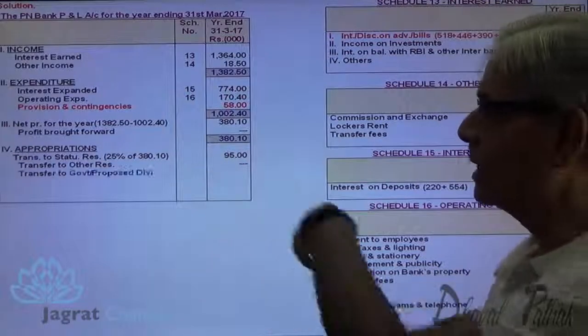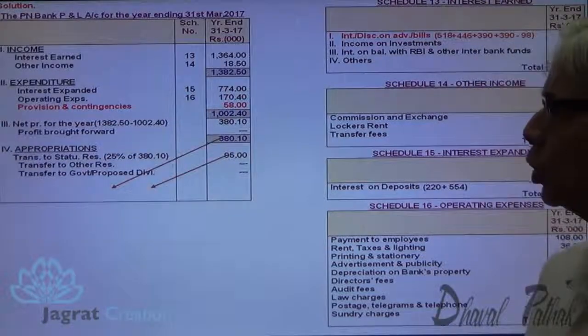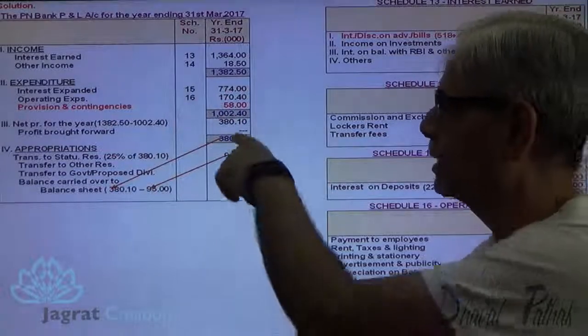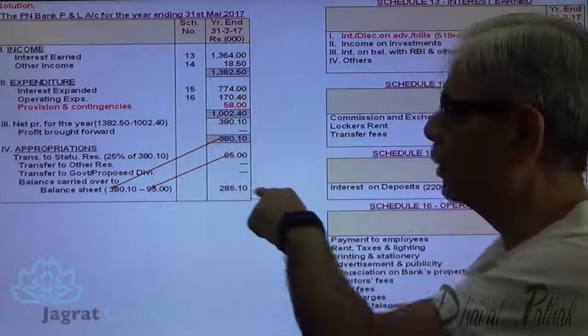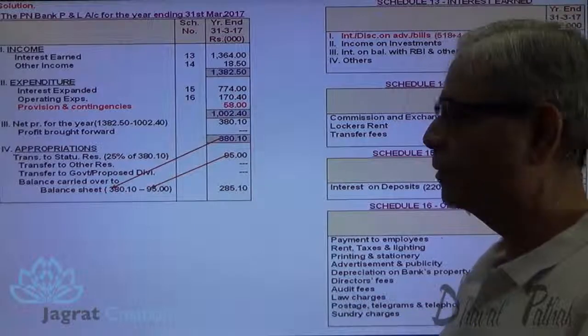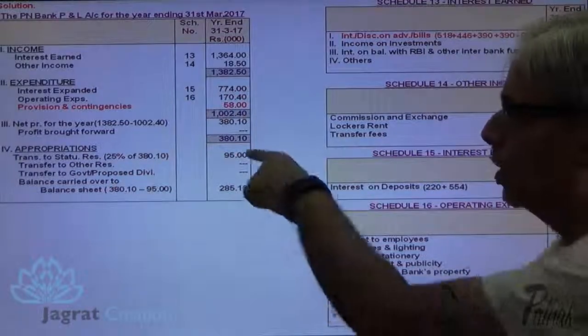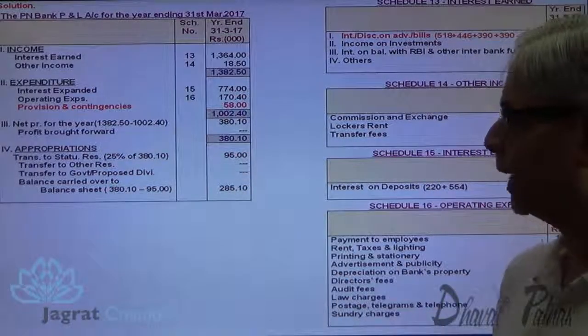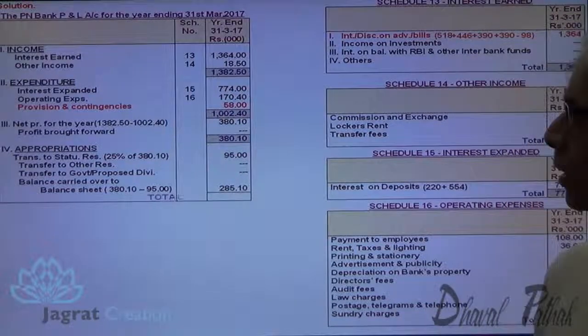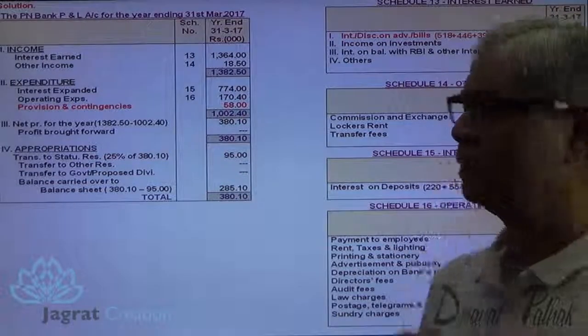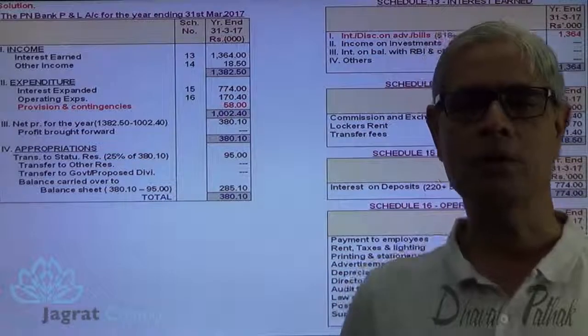There are no other provisions or transfers given to me. So I just find out the closing balance. 380.10 minus 95, 285.10 is the closing balance, and the total of this 95 plus 285.10 works out to be 380.10. This is how this sum gets solved.